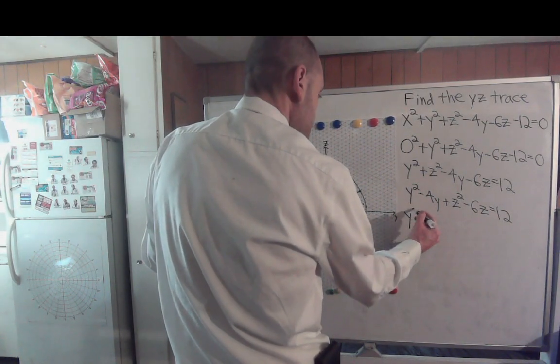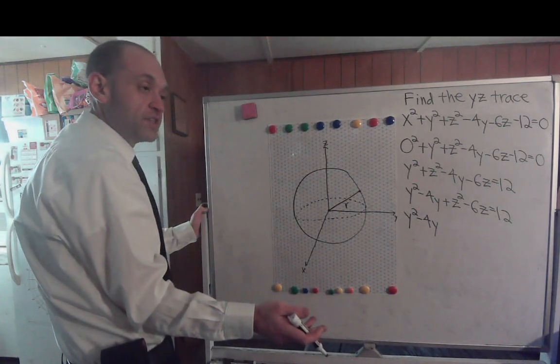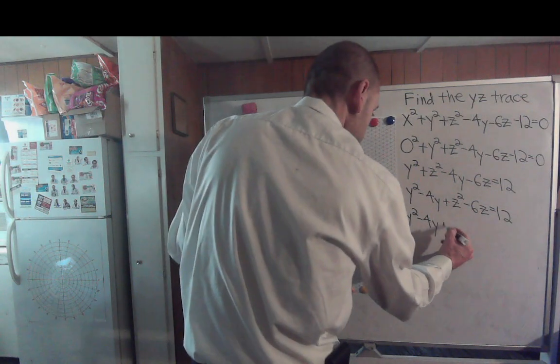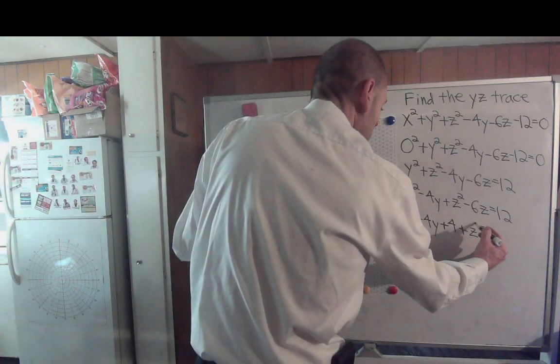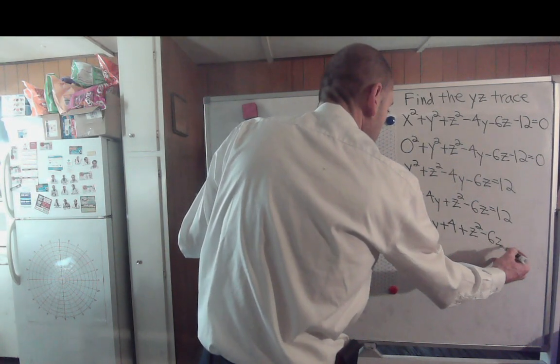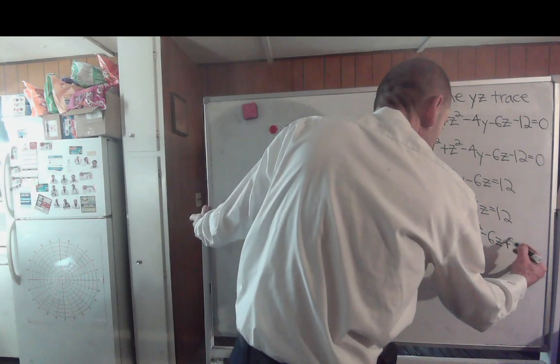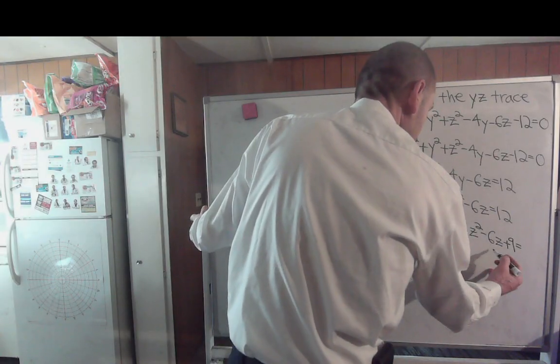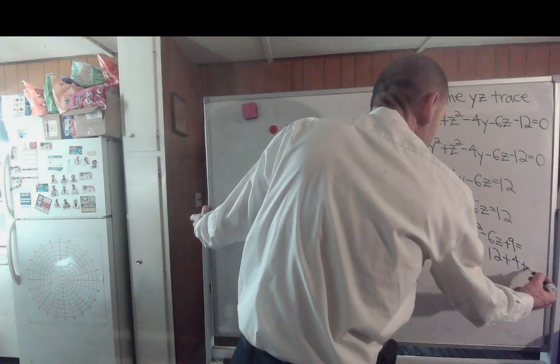Alright, so y squared minus 4y, now half of negative 4 is negative 2. If you square that, you get positive 4. Plus you take your z squared minus 6z. Well, half of negative 6 is negative 3. You square that, you get positive 9. That's going to end up equaling that 12 plus that 4 plus 9.